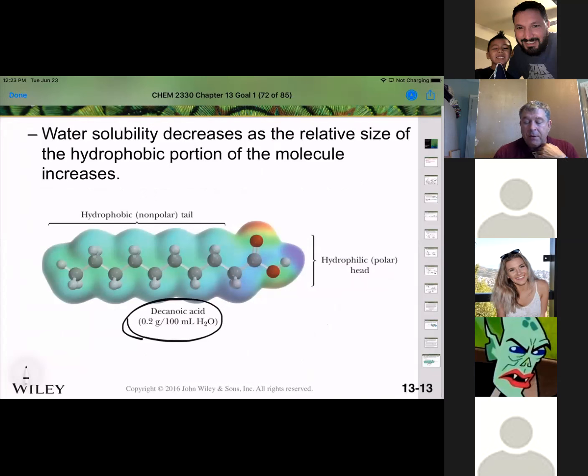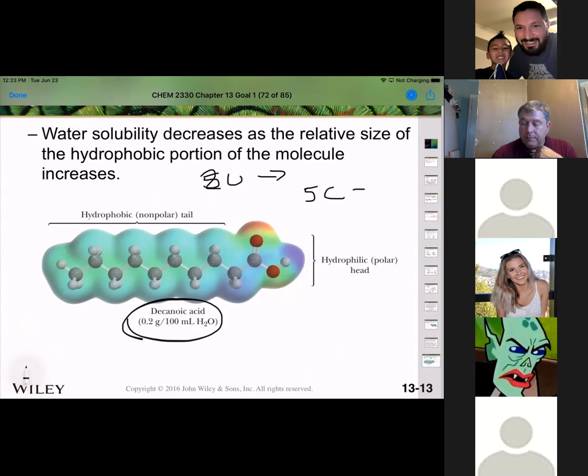So normally after about 5 carbons or so, you can't get an aliphatic compound. Actually about 2 or 3 carbons, you can't get an aliphatic compound into water. For an alcohol, you can get about 5 carbons into water.